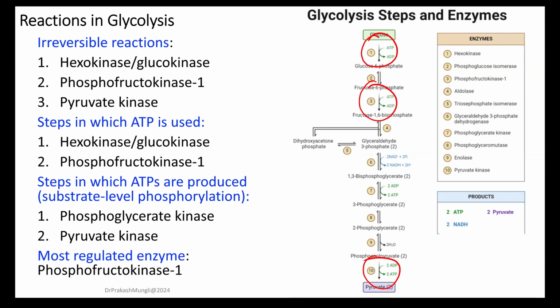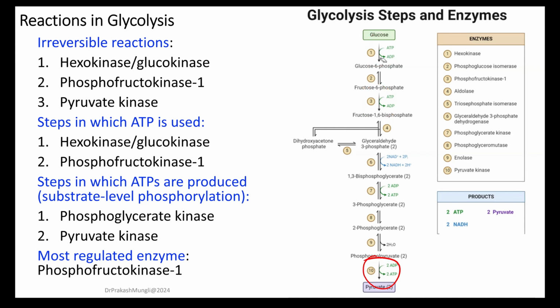I want you to know these three reactions, not for glycolysis, but for gluconeogenesis. I'm going to teach you gluconeogenesis later. In order to understand gluconeogenesis, you should know these three reactions. Why? Because gluconeogenesis is simply reversal of glycolysis. In gluconeogenesis, new glucose is synthesized.